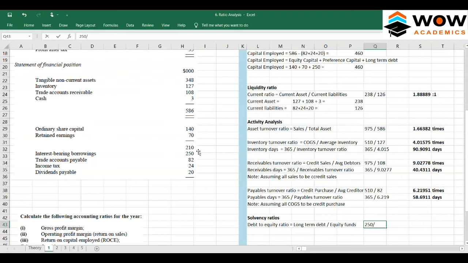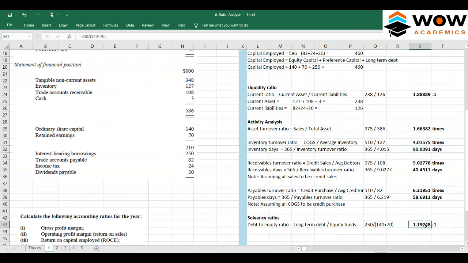This is 140 plus 70. If you want, I will put 140 plus 70 so that you will get the answer. So this answer is represented as is to 1. So it is 1.19 is to 1.